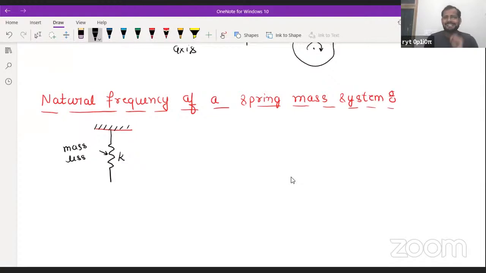Now, will this spring perform the vibration? Can anybody tell me? If I stretch this spring and after that I release it, can it perform the vibration?